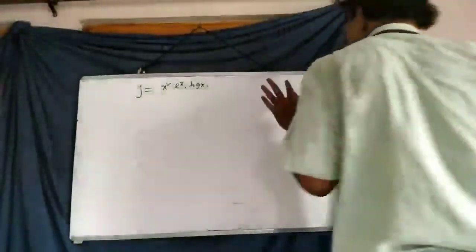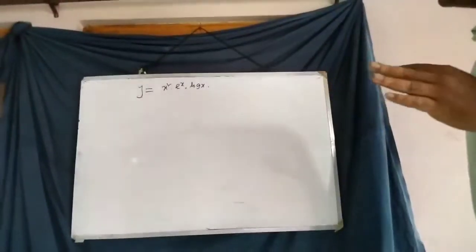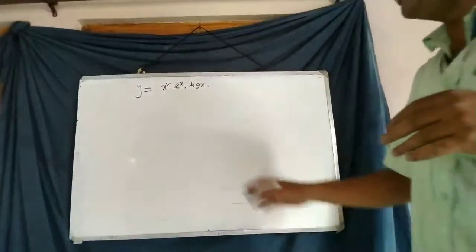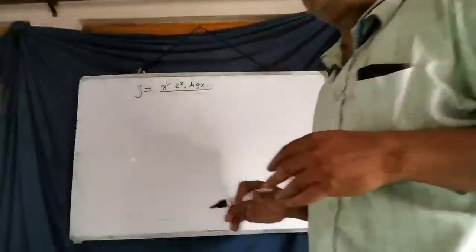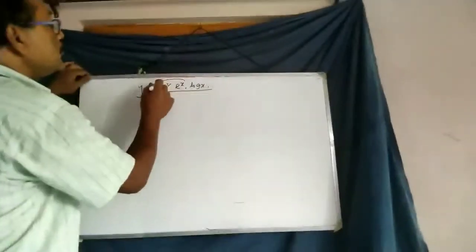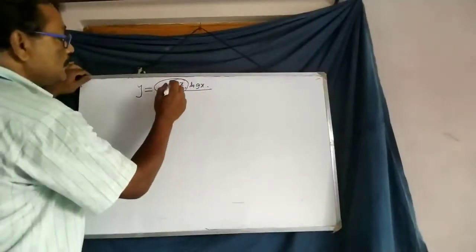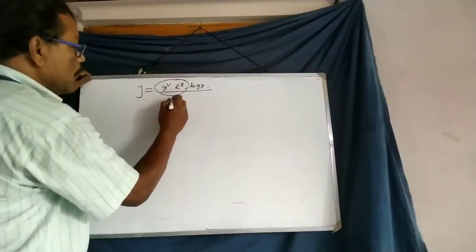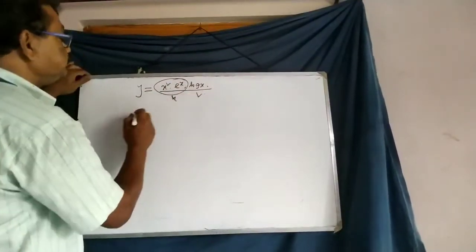Here, product of three functions, x square e to the power x log x. I have forgotten to discuss it when I was discussing uv. In this case, you have to consider two functions together as u and another as v.